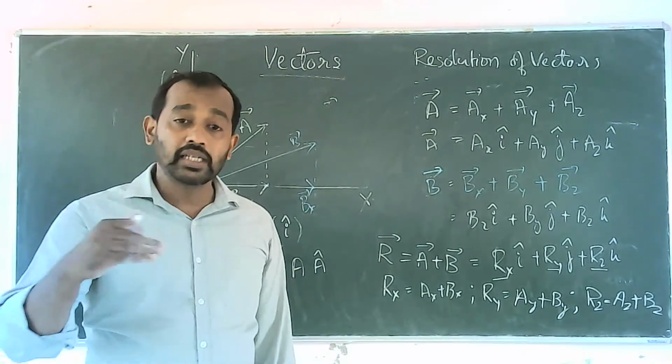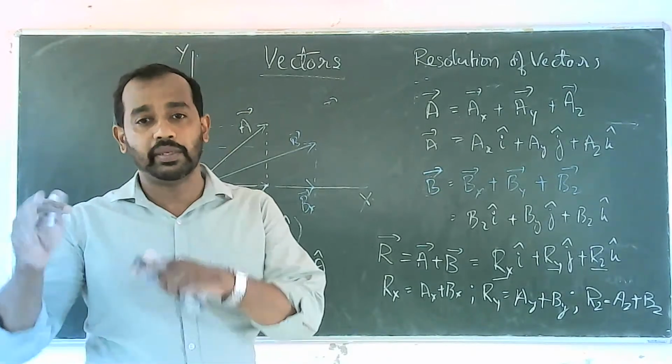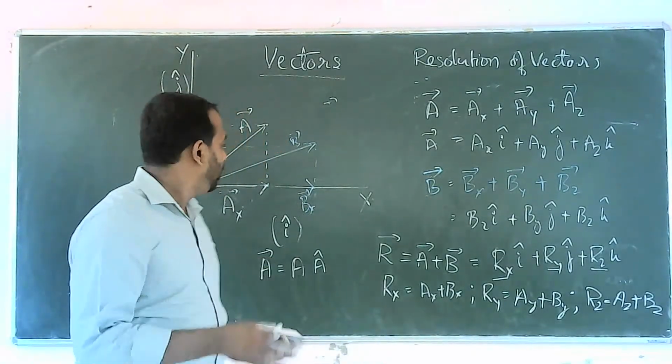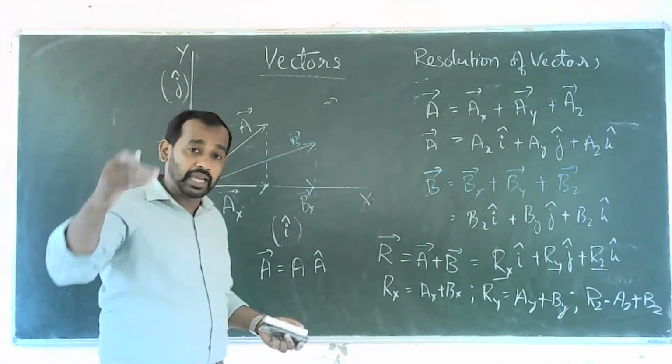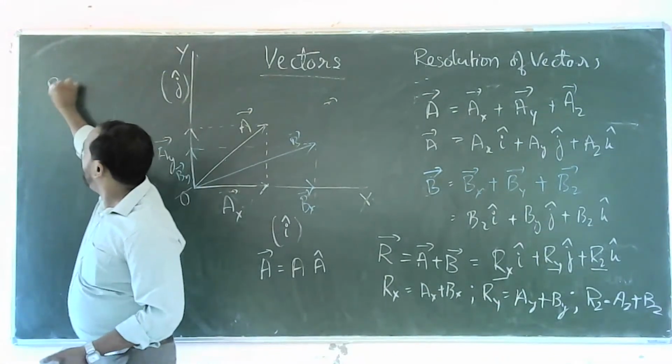Usually, the vectors are represented in two different ways. One we have already seen in the previous class, using the resultant magnitude and resultant direction. Then you have to make use of these formulas.